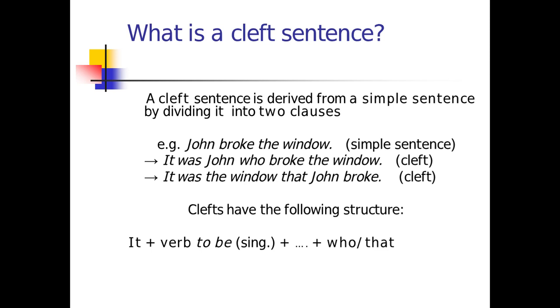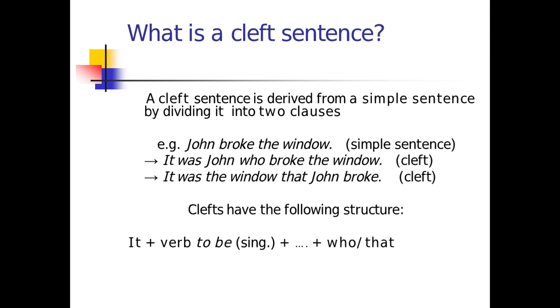So when we talk about cleft sentences, I'm going to divide my simple sentence in two parts. But why, teacher? We use this to emphasize something in my sentence. For example, I have John broke the window. Then I can write, it was John who broke the window.